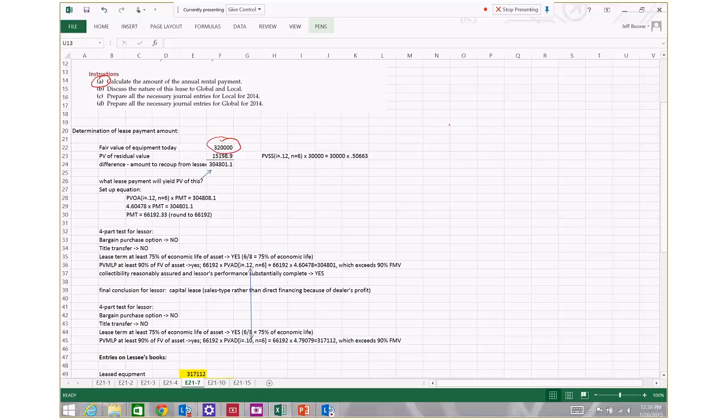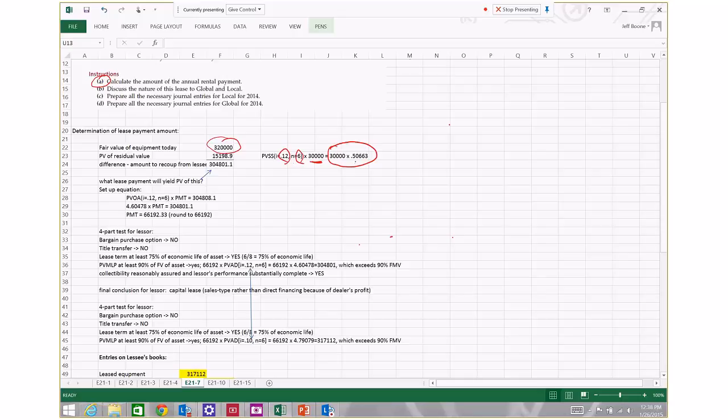So the lessor says, we want to earn a 12% rate of return on this lease. It's going to be 6 years before we actually get the equipment back, and when we get it back, it's going to be worth $30,000. So the present value of the right to receive something worth $30,000 6 years from now is calculated by taking that $30,000 and multiplying it times the present value of a single sum factor for 12% rate of interest, n equal to 6.